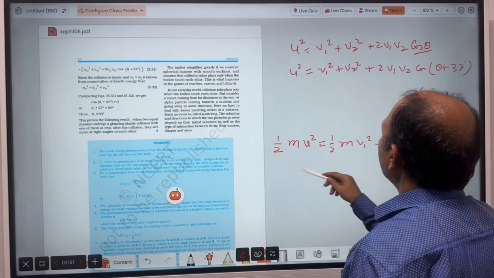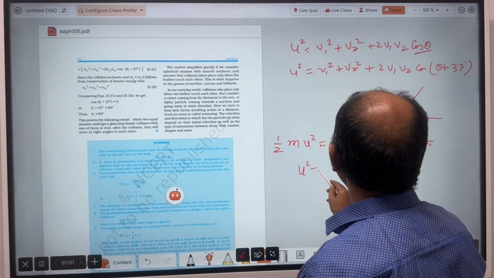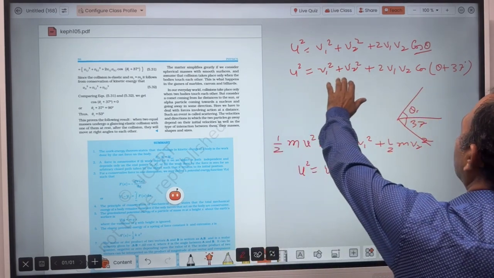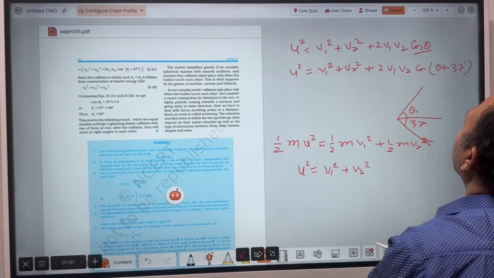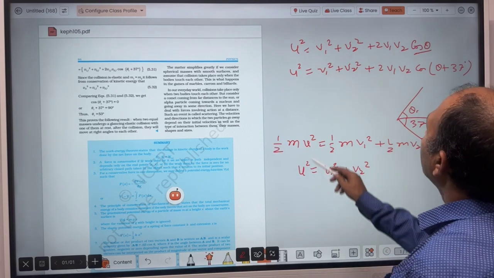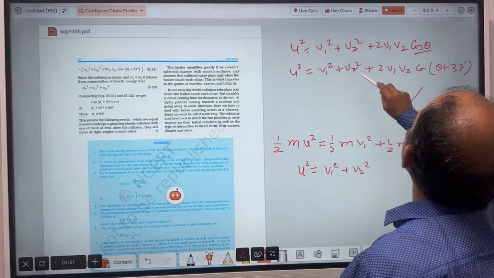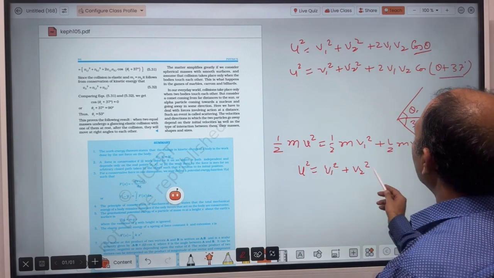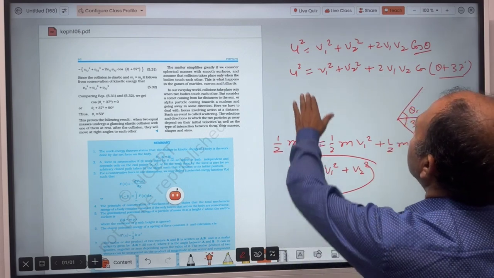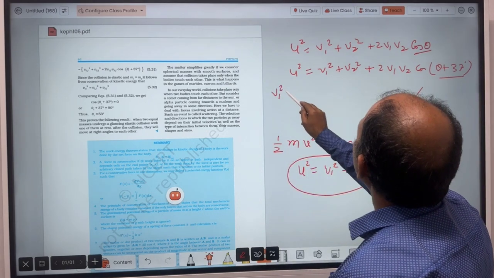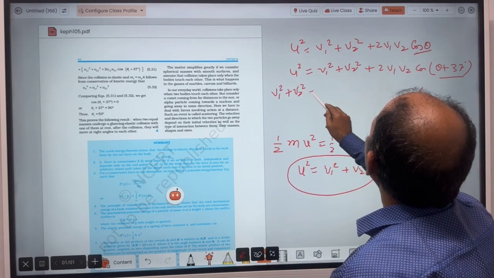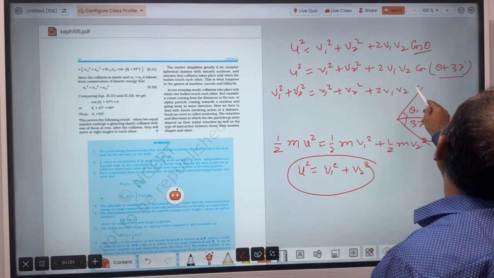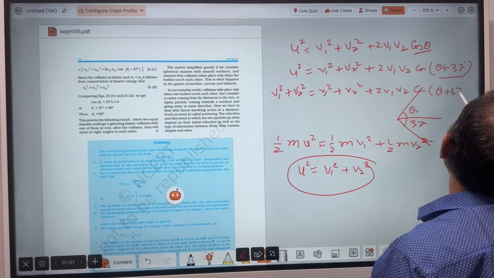The 1 by 2 m will cancel out, so u square will be v1 square plus v2 square. Here the relation we have got is u square equal to v1 square plus v2 square plus 2 v1 v2 cos of theta 1 plus 37 degrees. And if we put this value of u square here, this will become v1 square plus v2 square equal to v1 square plus v2 square plus twice of v1 v2 cos of theta 1 plus 37 degrees.